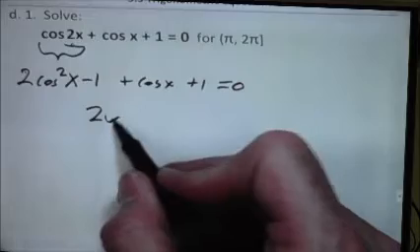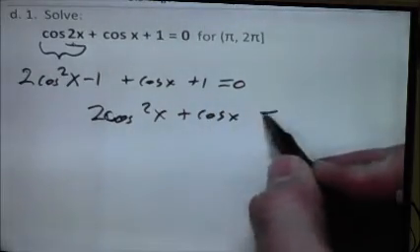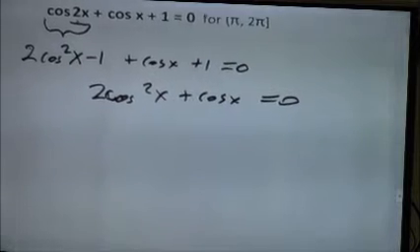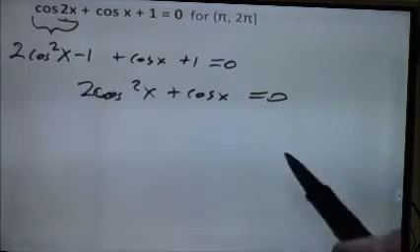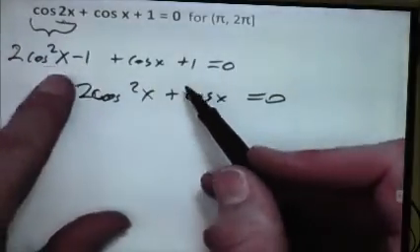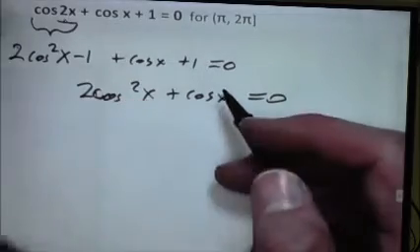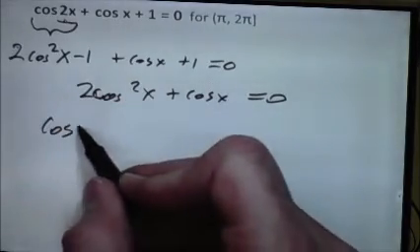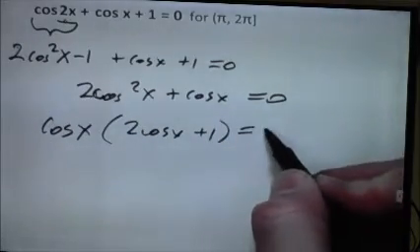We have 2 cosine squared x plus cosine x is equal to 0. Now this becomes like one of the past problems. The minus 1 and plus 1 go away, so I have these 2. This is cosine x times cosine x, so I can remove a cosine x: 2 cosine x plus 1 is equal to 0.